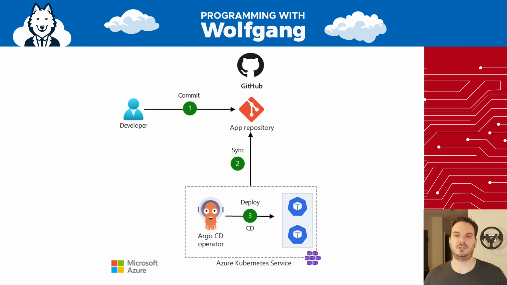Since you don't push any changes, you can have a firewall blocking incoming connections to the API, and automated deployments still work because the GitOps agent connects from within the cluster or your network to Git. This means it's an outbound connection and it won't be blocked by the firewall.